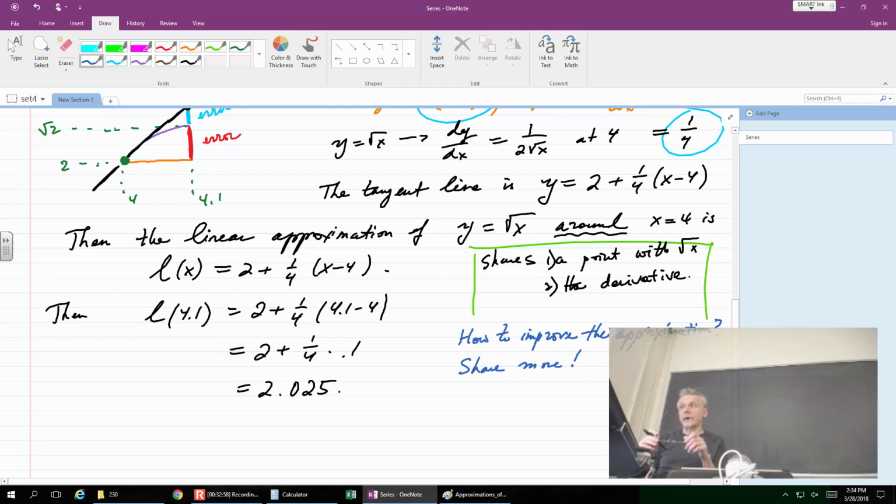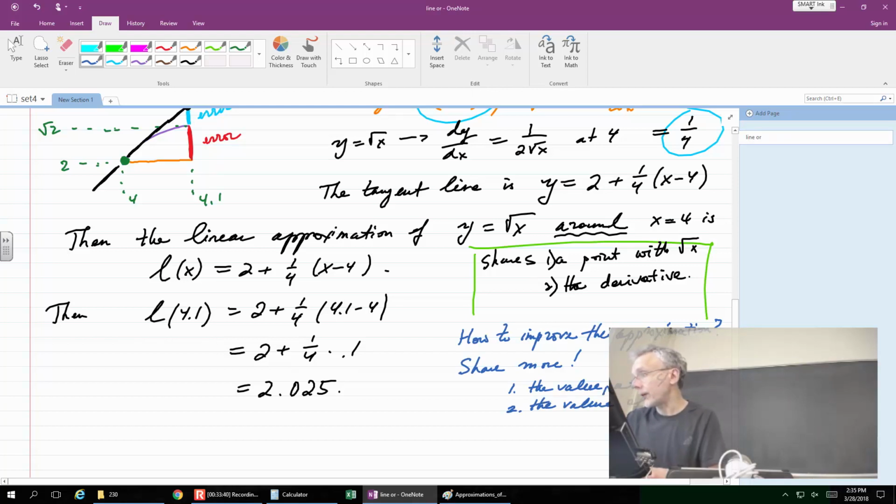So what else can we share? A point, the derivative. What else can we share? Well, number 1 is the value. The value at 4 is the same. Then number 2 is the value of the derivative.